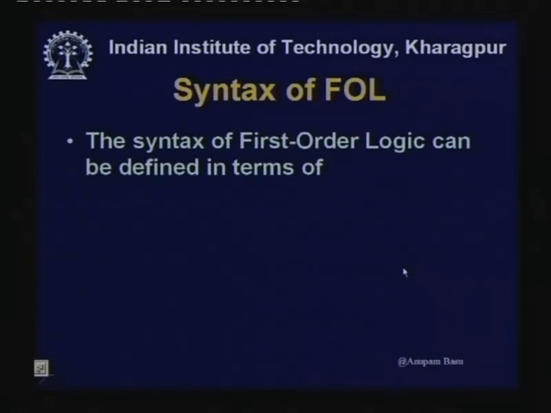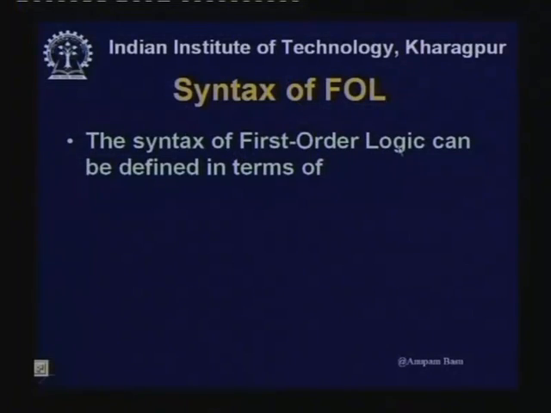So, what is added in first order logic? In first order logic, in addition to propositional logic, we have the concept of variables and the concept of quantifiers, which we will explain now.